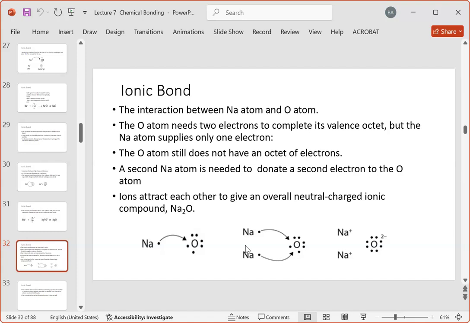Sodium wants to satisfy the octet, and oxygen also wants to satisfy the octet. But one sodium atom can donate only one electron.